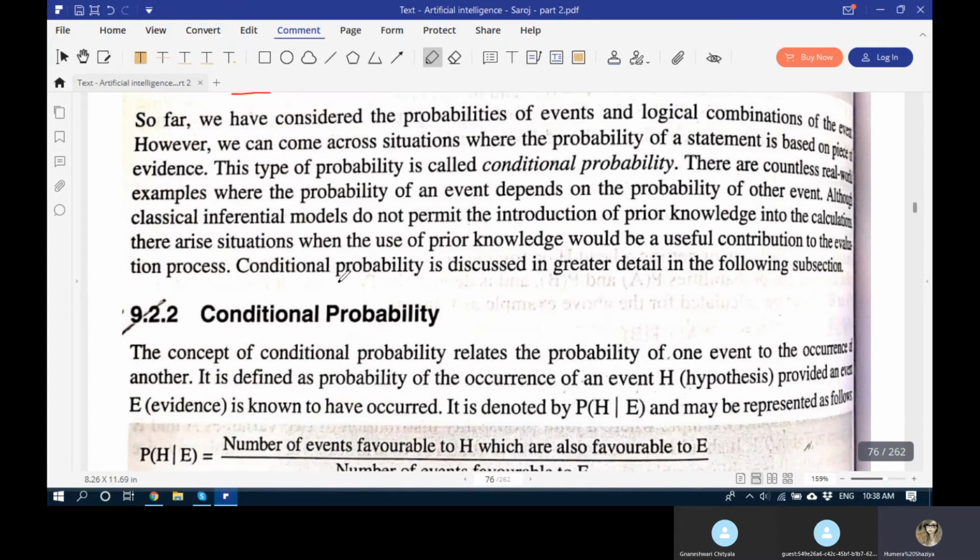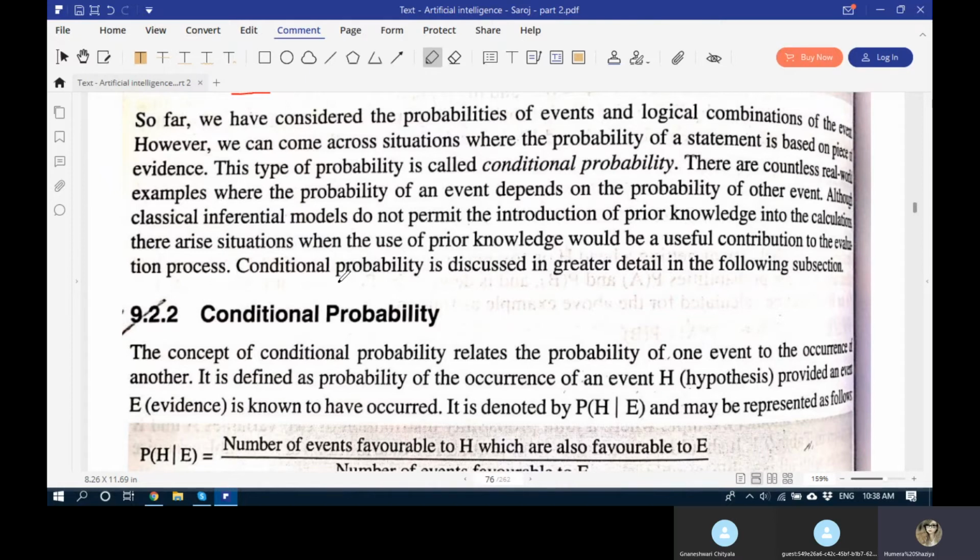Next is conditional probability. Conditional probability is when the occurrence of one event is dependent on the occurrence of another event.